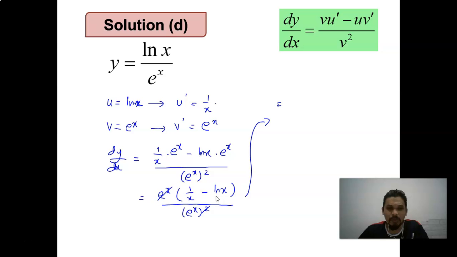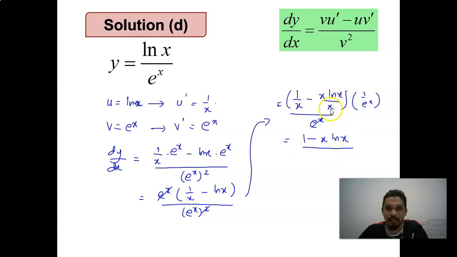We are going to simplify the numerator here, 1 over x with ln x divided by 1, and it comes out with (1 minus x natural log of x) divided by x, and everything divided by e^x. Come up with 1 over e^x, so then 1 minus x natural log of x divided by x.